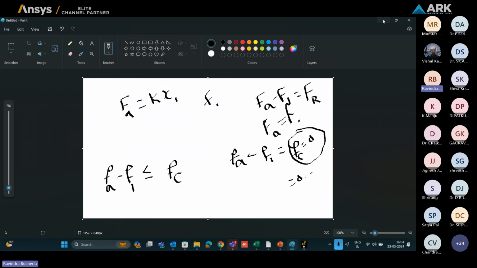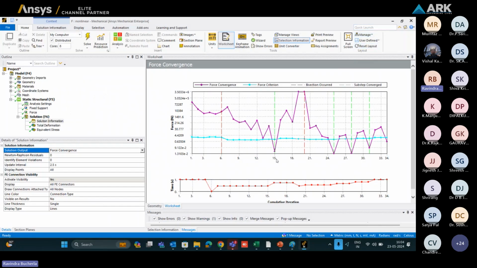You can see this is the point at the 15th iteration: the force applied minus reaction force is less than the force criteria. That is why this sub-step is converged. I will explain about divergence or bisection as well, but first, let's focus on the convergent points.